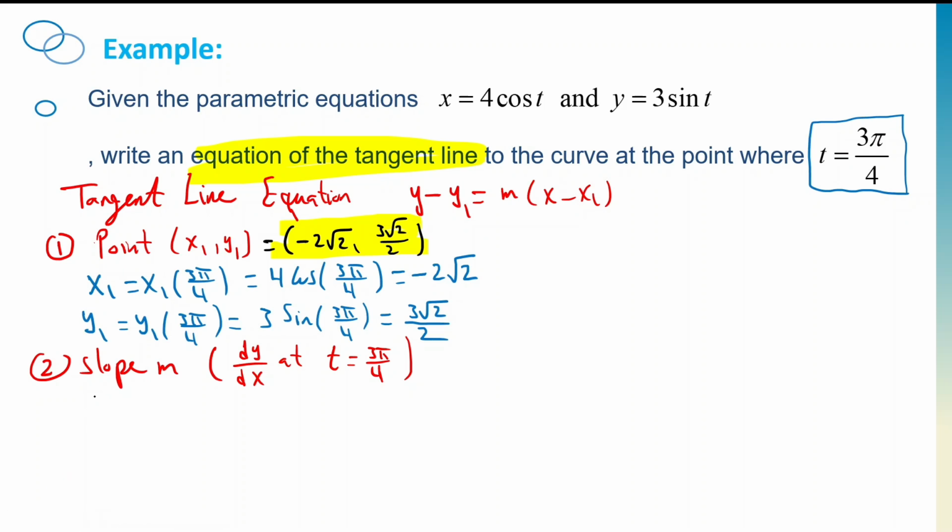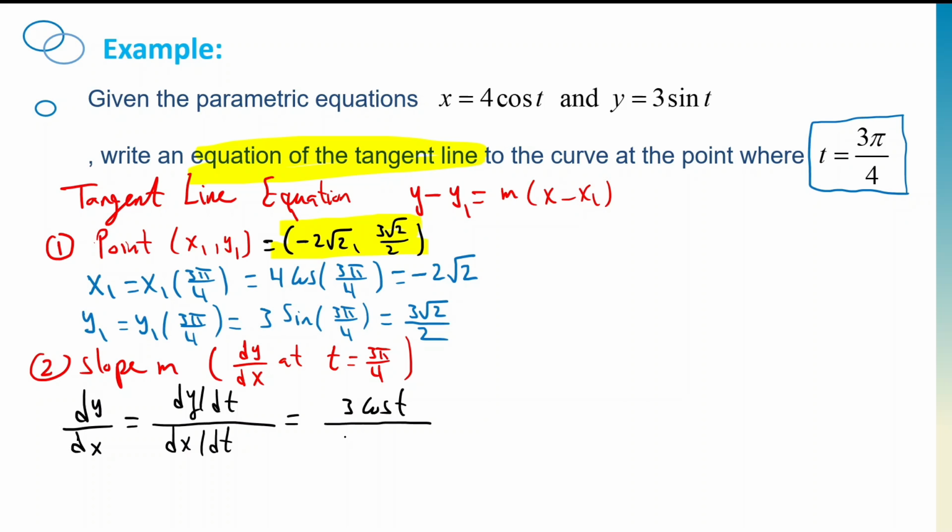Okay, fine. Let's do that. So dy over dx equals dy over dt divided by dx over dt. Let's check. Dy over dt, 3 sine, so this is now 3 cosine of t.